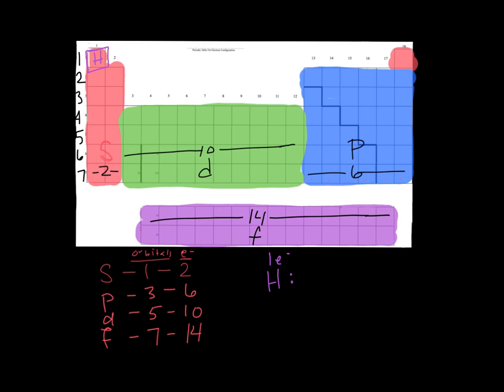We write the period number down first, and so that's going to be 1, and then the block that we're crossing into is S, and it's the first one in that row, so it's 1s1, and that would be the electron configuration for hydrogen. Now, this number represents N, the energy level. This represents the sublevel or orbital, and that represents the number of electrons.